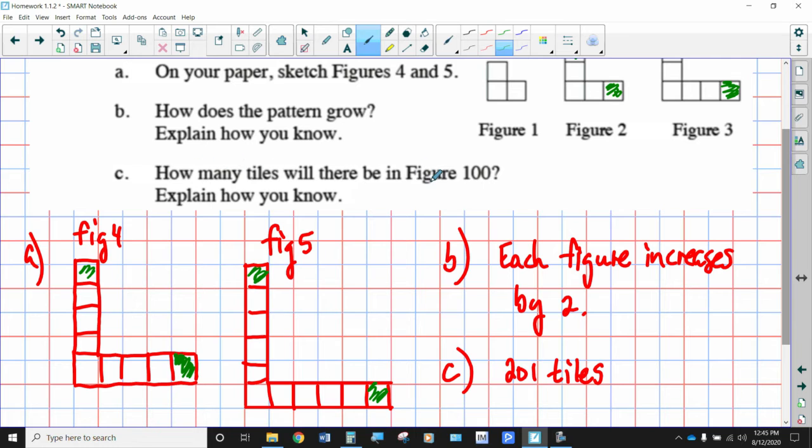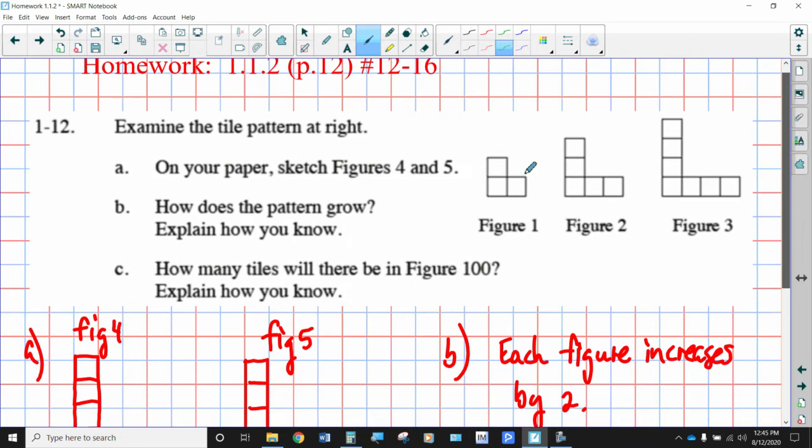Now, what would figure 100 look like? Well, this is going to take a little bit more analysis. If we were to go backwards, wouldn't we start with figure 0, which would just be like this? And every figure adds another 2.